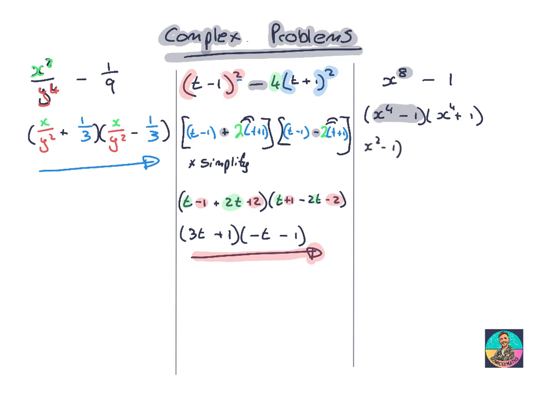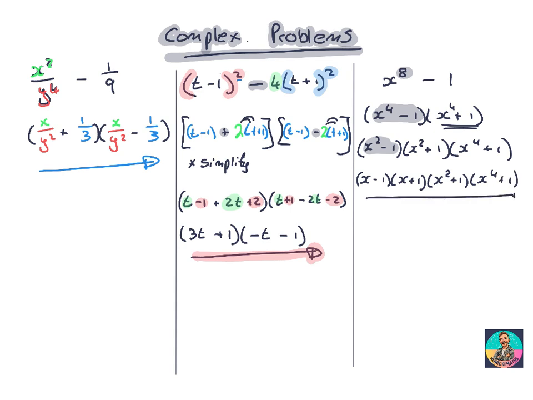So x squared minus 1 and x squared plus 1. And don't forget that can't factorize, but it's still part of our expression. So we bring it down. And we can say, but what about this one now that is also two terms minus even powers? So it can go to x minus 1, x plus 1, and then bring down anything that wasn't able to factorize further. And that is a nice long version, also something you can expect in a test scenario.